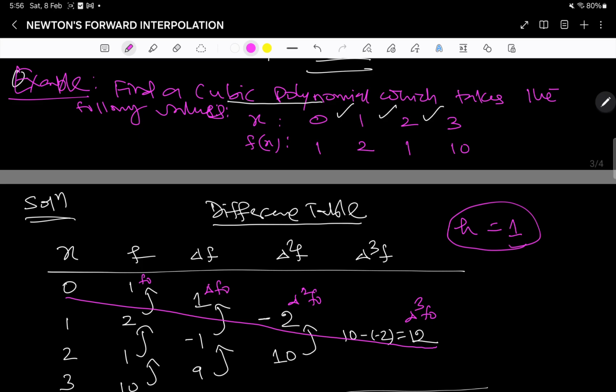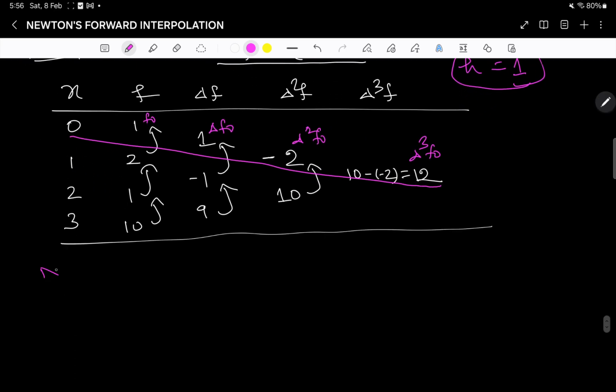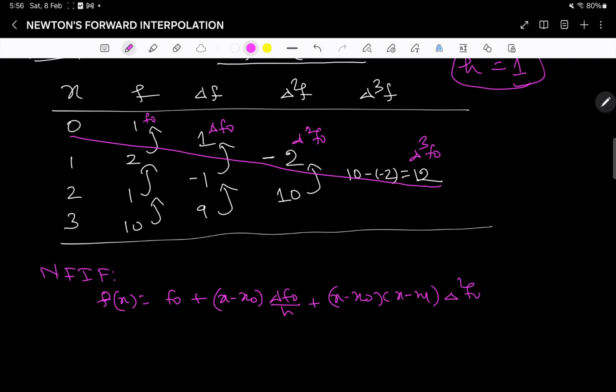With this information I will now compute the formula. The Newton forward interpolation formula is given by p of x equals f0 plus (x minus x0) del f0 by h plus (x minus x0) into (x minus x1) del square f0 by h square factorial 2.